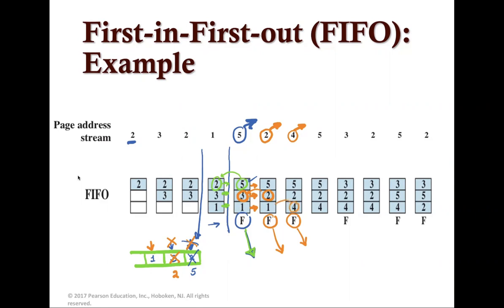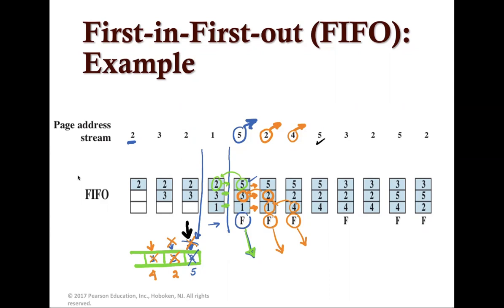So 4 will replace number 1. There is no 1 here, we just have 4. And the pointer in round robin will be pointing back to the first location in our first in, first out array. So it would be pointing back to the first one.